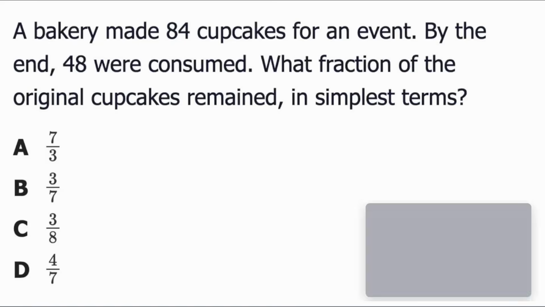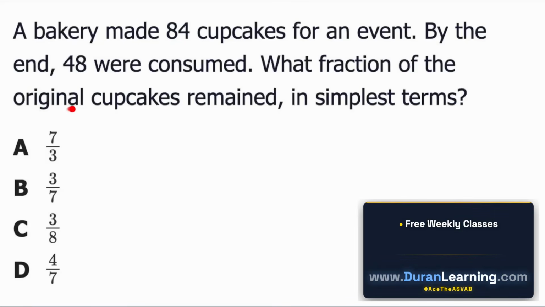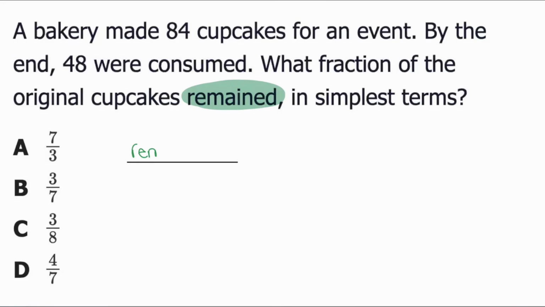It says, what fraction of the original cupcakes remained? So I'm going to highlight that for sure, because what I'm going to try to write is a fraction that represents, again, I'm going to say this very clearly, the remaining cupcakes over the original total.